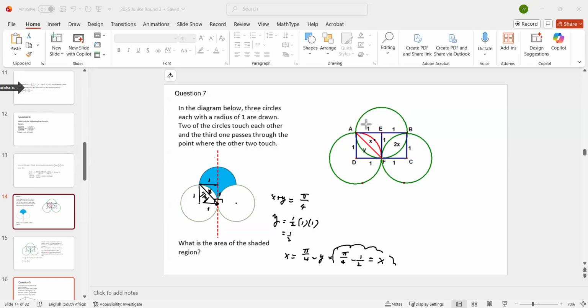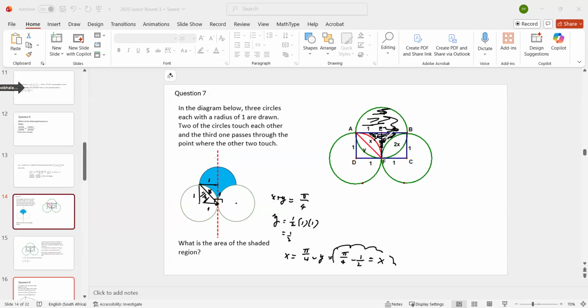But this is the blue part in this diagram. Let's just shade that, and all this stuff here. Okay, that's the blue part, right?